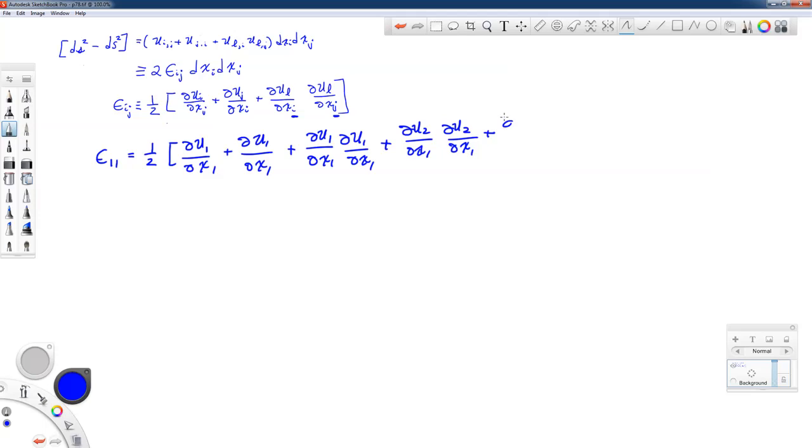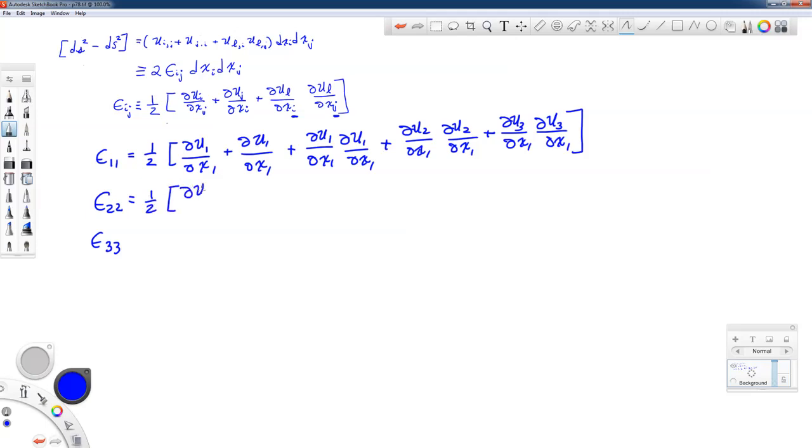And then one more incrementing, the partial of u3 with respect to x1, partial of u3 with respect to x1. We also have 2 more similar terms. I'll probably ask that you go ahead and write these out on your own, epsilon 2, 2 and epsilon 3, 3. Let's do one more just so you get the hang of it. We have the half out in front.